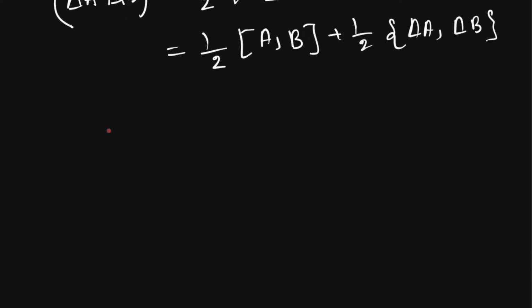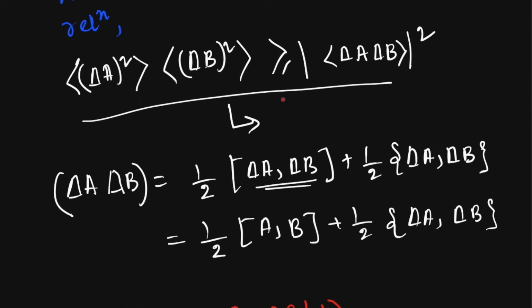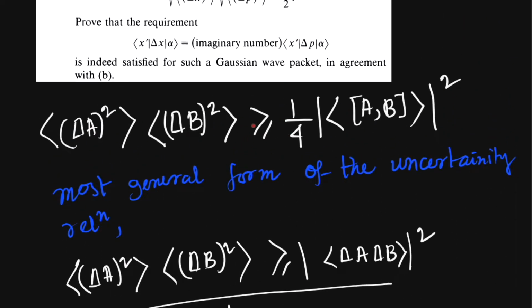That means if delta A alpha is equal to lambda delta B alpha, where lambda is a pure imaginary number, then the equality will hold.